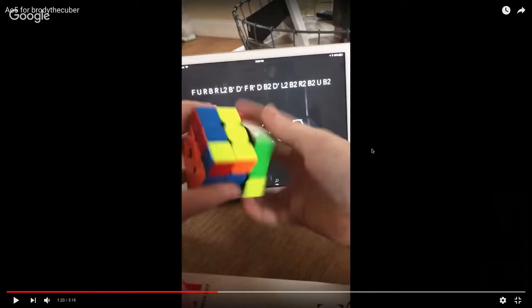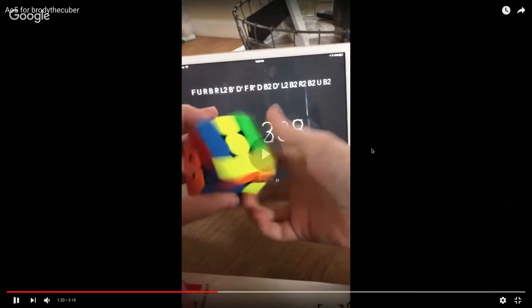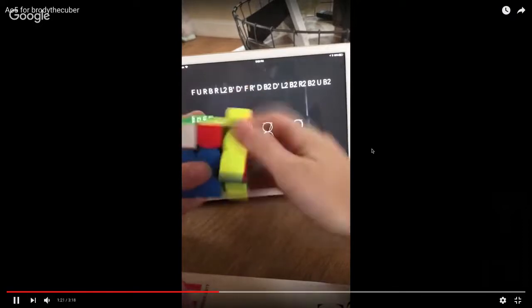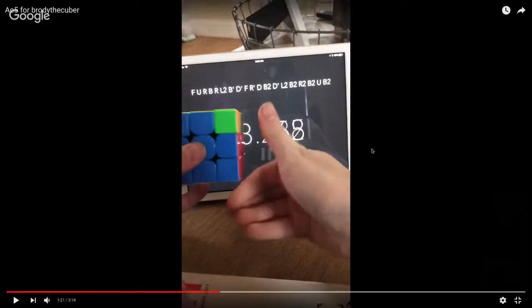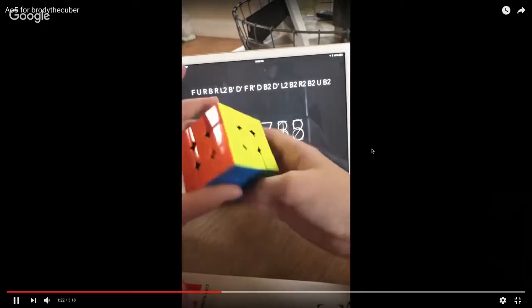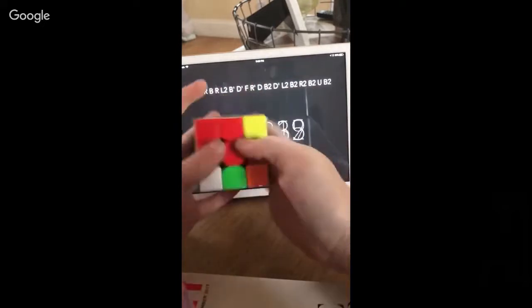You don't need to go through and learn all of them, just the easy ones for now. Yeah, I know most of the easy ones, like F sexy F prime and those. Yeah. T cases, I know those, but I don't know any of the complicated ones. So then you can learn those every once in a while once you know full PLL. So then you get this V perm, and you do that fine.